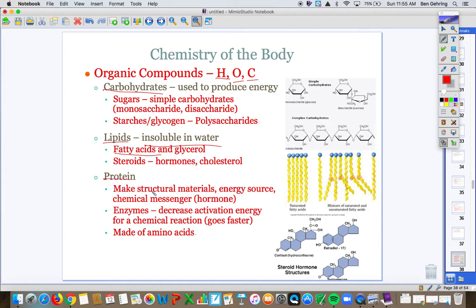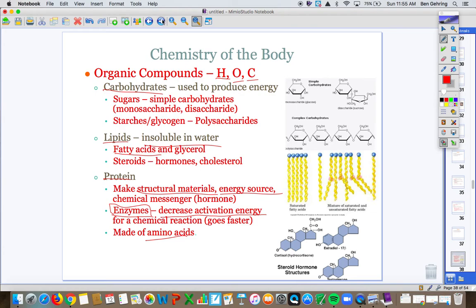Proteins make our materials. The reason you look the way you do is because of proteins. They provide energy, they act as chemical messengers, they can be enzymes, and these are all made of amino acids. So enzymes speed up chemical reactions by decreasing the amount of energy required.